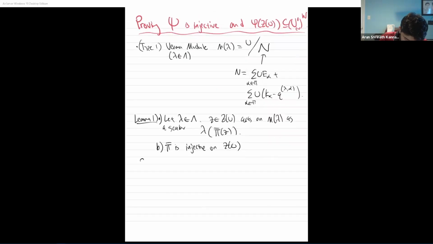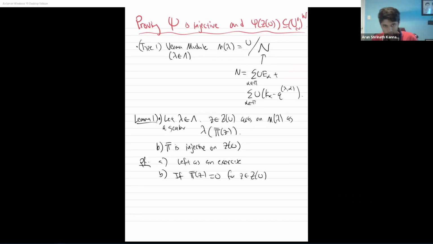Okay, so I'm going to leave A as an exercise. It's just like in the classical case. And B is also like in the classical case: if pi bar of z is equal to 0 for z in the center, then z acts as 0 on all finite dimensional representations, because they arise as quotients of the Verma modules.